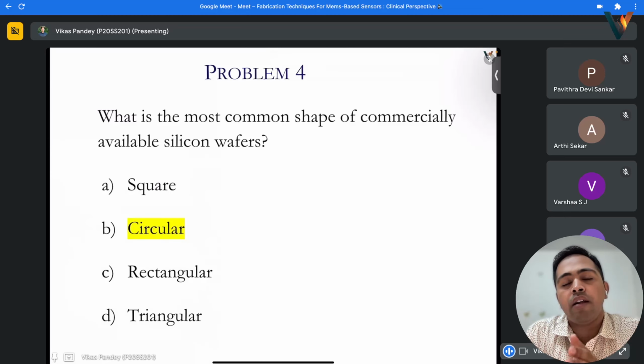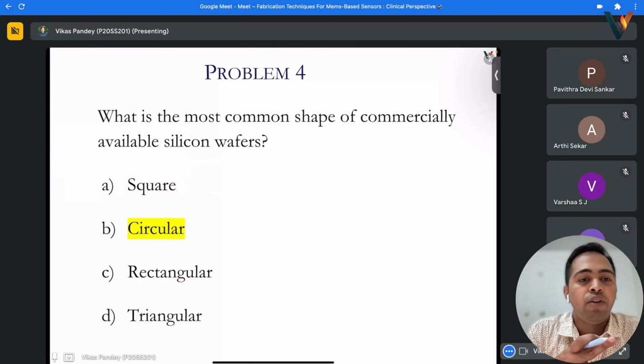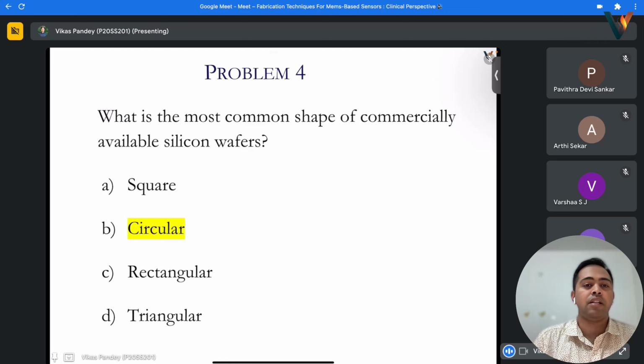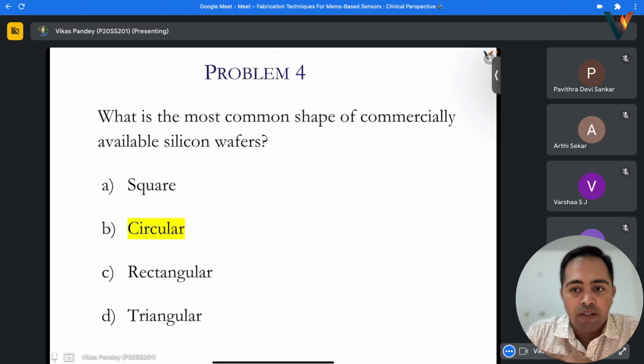We will be seeing in the next lectures how clean the environment we work in is, like clean room, and how it is maintained. So you will get an idea that if we go with some other material, we'll have to make that whole thing again for that specific material. With silicon, we already have the option. There are fabs already available. That is why mostly for sensors, we go with silicon wafers.